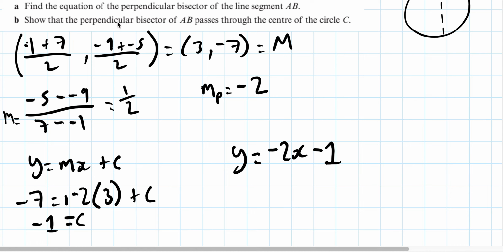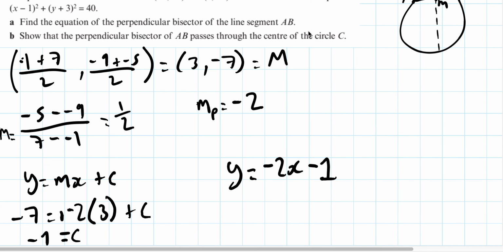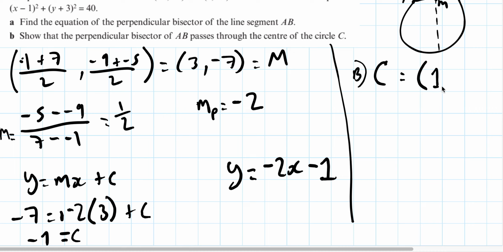Next one is show that the perpendicular bisector of AB passes through the center of the circle. Scrolling up to question A, the center of my circle is x is 1 and y is minus 3. I got that from the equation of the circle.